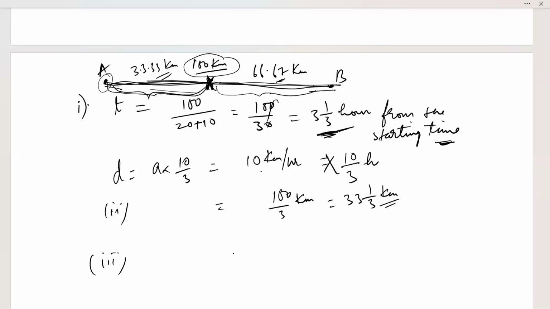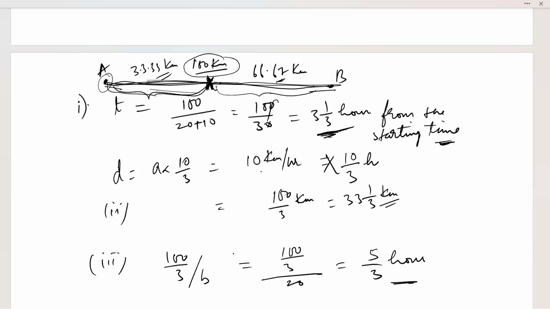Now, what is this distance? This is 100 by 3 kilometers. Okay, and the speed of B is 20 kilometer per hour. So 100 by 3 upon 20 gives me 5 by 3 hour. 5 by 3 hours after meeting.